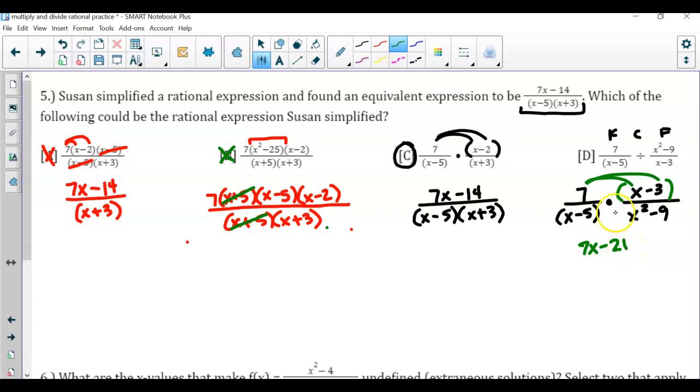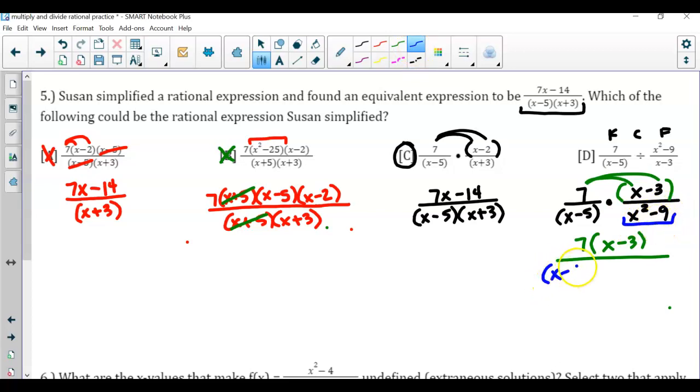But you know what? I just realized too, let me go ahead and continue with the factoring because in C, they had no common factor. So I'm going to leave this in factored form. So 7 times x minus 3 over, can't factor x minus 5, but I can factor x squared minus 9.